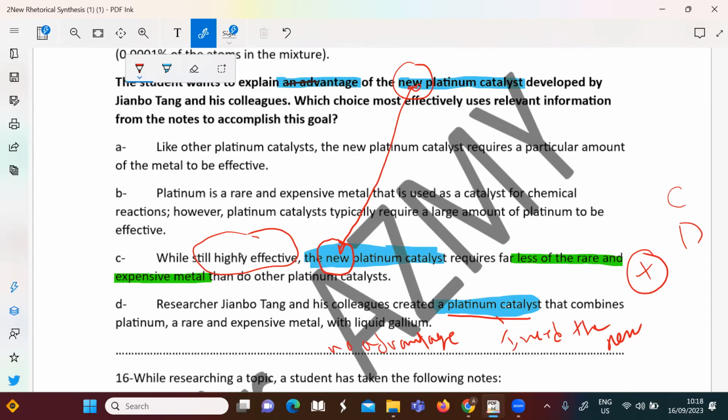This is one advantage. It's highly effective and requiring less. Although it requires less expensive metal, it's still highly effective. So this is the advantage.